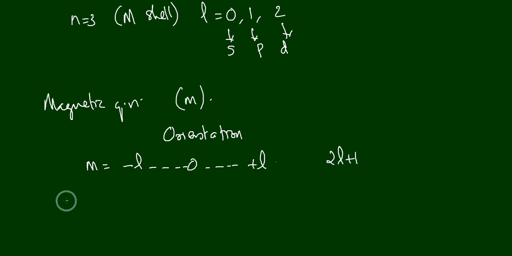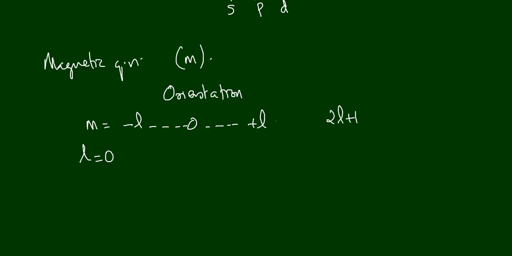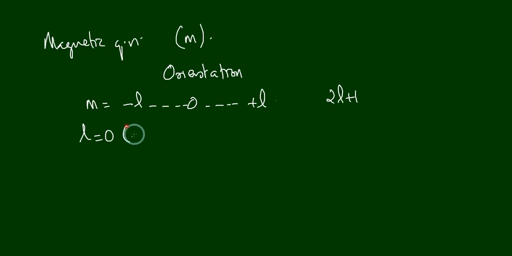So we can check for different L values which are the possible M values. Let us take the example of L equal to 0. That is the minimum value of L, and it corresponds to the S subshell. Corresponding to this, which are the M values?